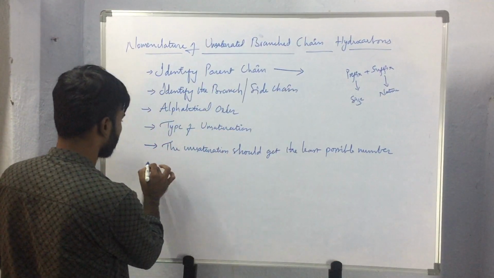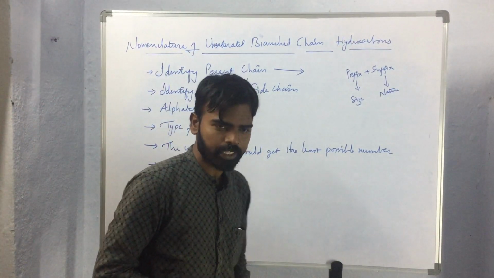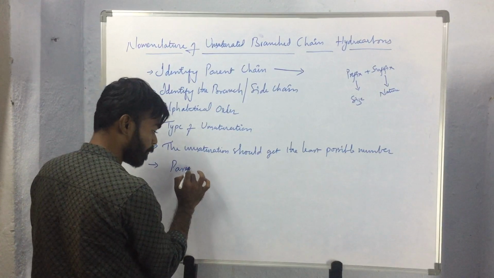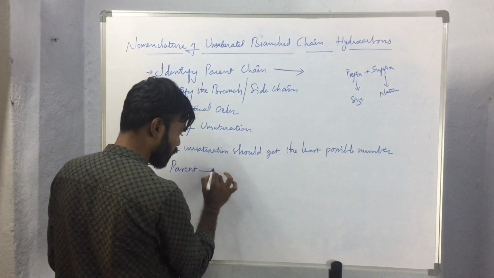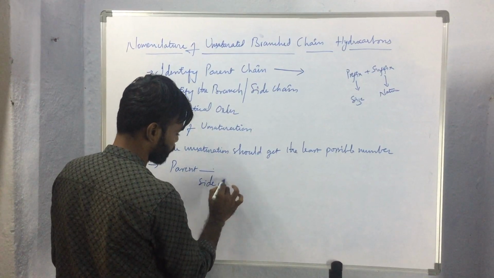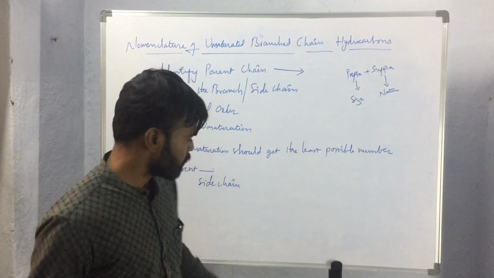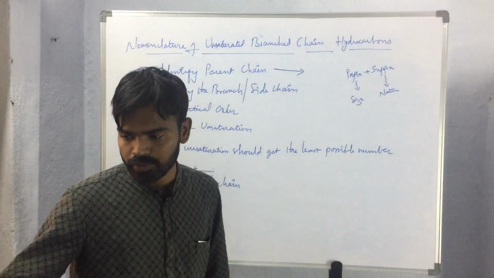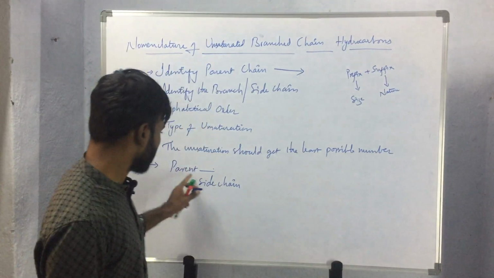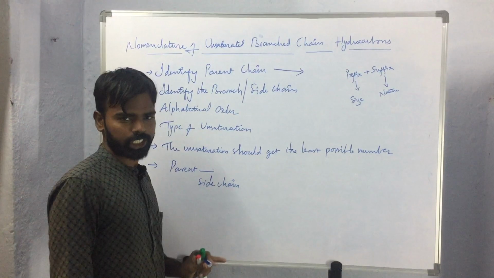Then we have to check whether this unsaturation is present in the parent chain or the unsaturation is present in the side chain, or we can say the branch. So this thing is also very important. We have to check whether the unsaturation is present in the parent chain or in the side chain.